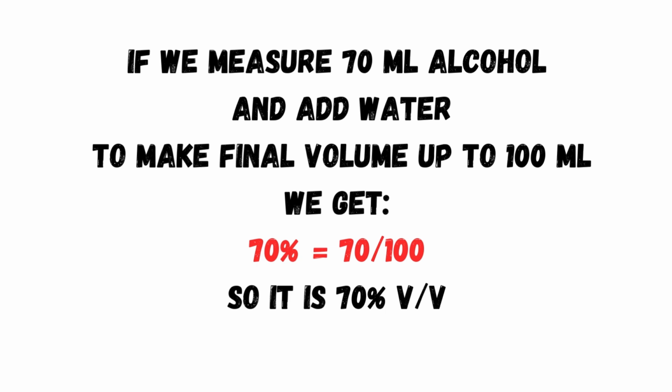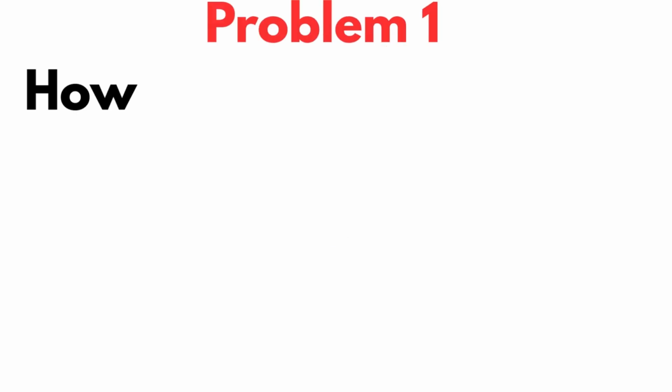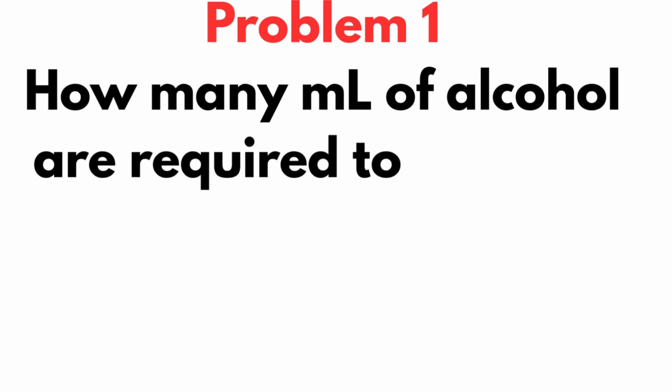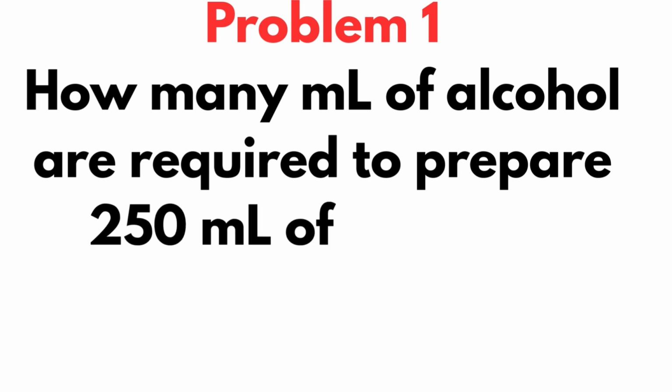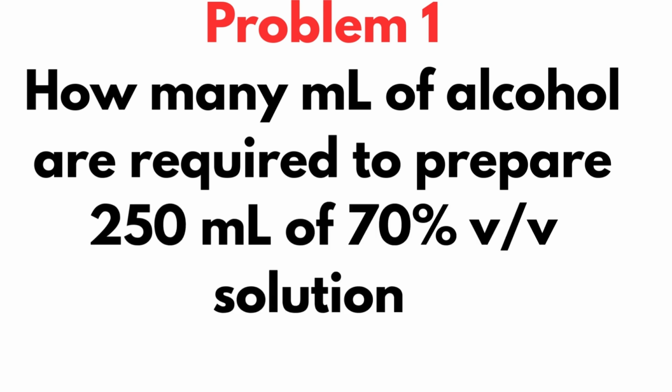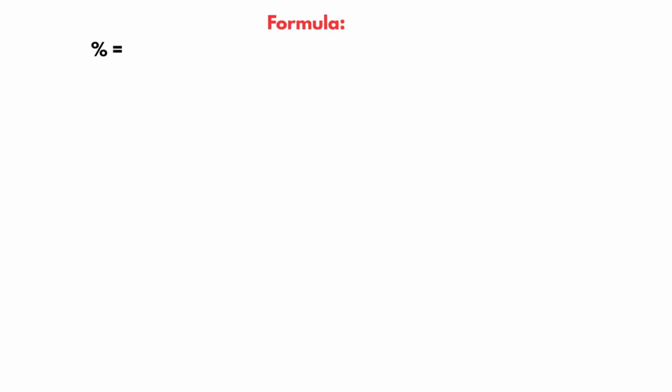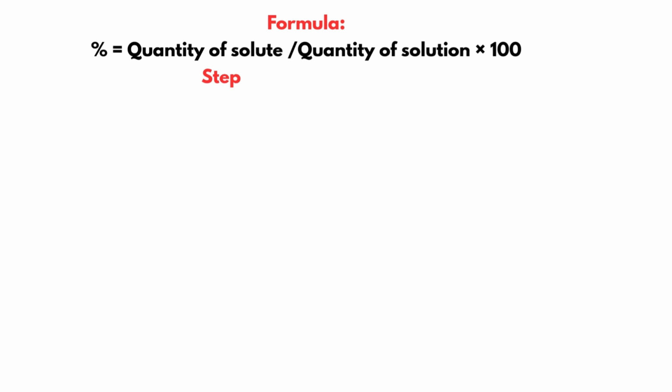So let's see the calculation. Problem number 1. How many ml of alcohol are required to prepare 250 ml of 70% volume by volume solution? First you need to write the formula, that is percentage is equal to quantity of solute by quantity of solution into 100.